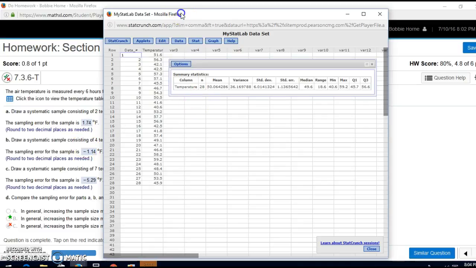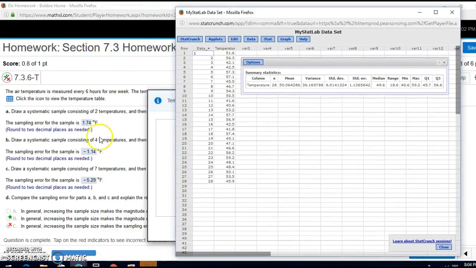Now, for part B, it's basically the same thing, except this time we're going to have 4 numbers. So we have 28 total numbers. If you divide 28 by 4, every 7th number is going to be one of our values. So 45.5, 57.7, 46.6, and 45.9.